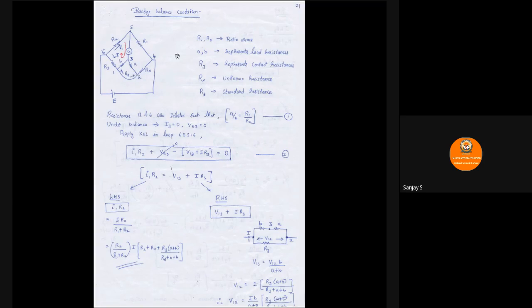So let us see here. R1 and R2, as usual, are ratio arms. Small a, b represents the lead resistance. I told you the resistance present in the end terminal of each and every component is the lead resistance. They are represented by A and B. And then you have Ry, which represents the contact resistance.